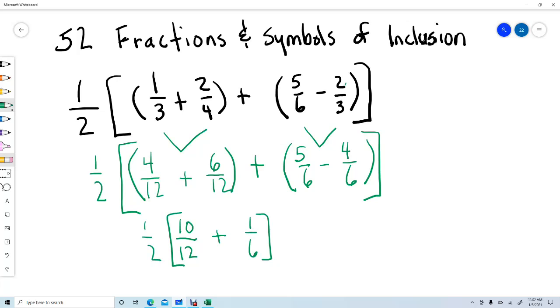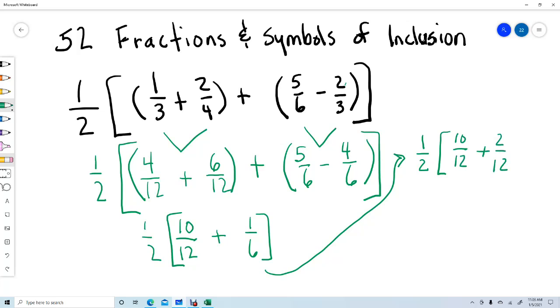Okay, now we have to find a common denominator for 10/12 and 1/6, and that's going to be 12. So I'm going to put my 1/2 back up there. 10/12, we're going to leave that alone. We don't have to change that. I am going to change 1/6 to 2/12.